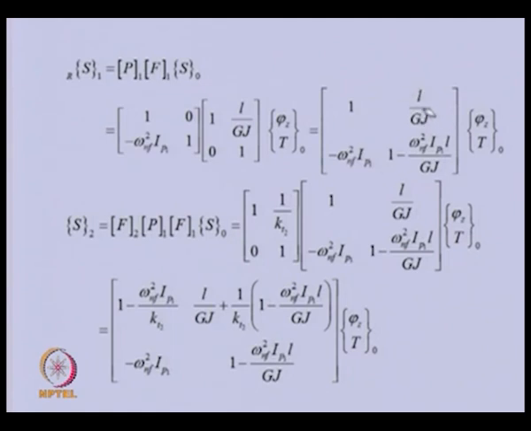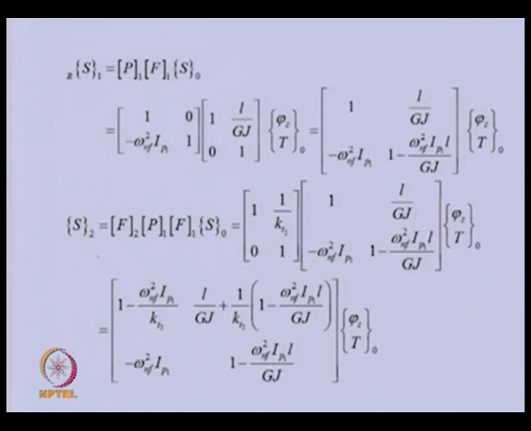this will be the expanded form of the transfer matrix. In this you can see the natural frequency expression, which is unknown; all other quantities are known. This is the state vector at station 0, and this is the state vector at right of disk 1. Now, we want the state vector at station 2.